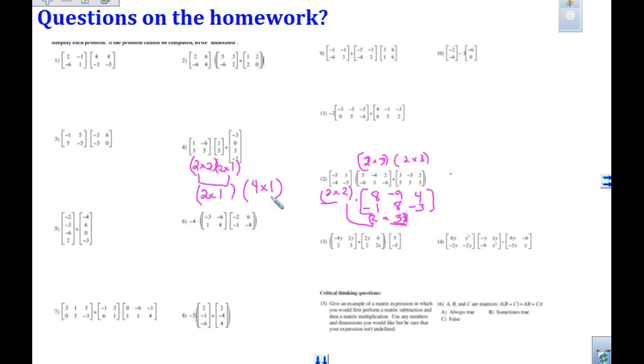They have to be the same dimensions to add or subtract. So that one was undefined, not because of the multiplication, but because of the addition. You would have had adding this one with a matrix that just had 2 things in it, and you can't do that, okay?